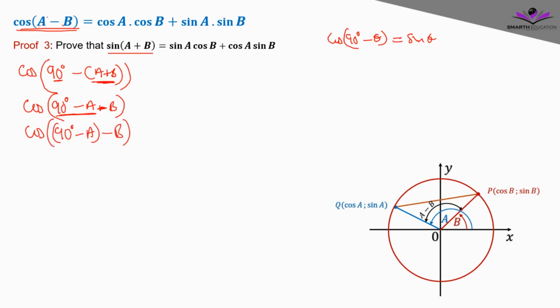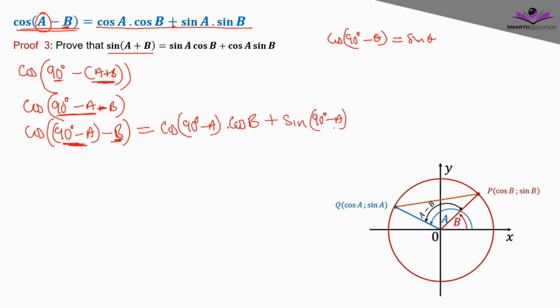You see that? So our A is like the 90 minus A, and then our B is just like the B, right? And then this is equal to, we're using this part now, cos A cos B where A is 90 minus A, so cos(90 - A) cos B, okay, and then plus sin A sin B, our A is 90 minus A, so it's sin(90 degrees - A) sin B, like that, okay, right.